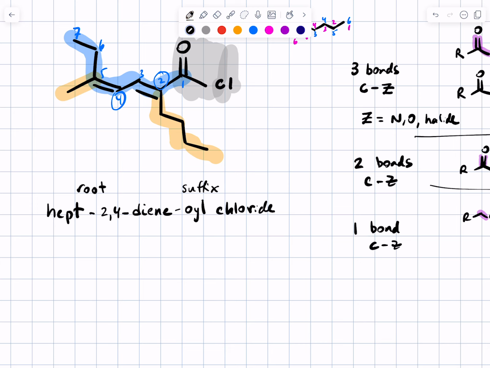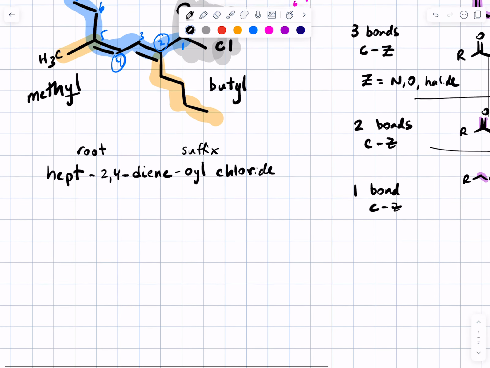So the 1 carbon, a CH3 group, we're going to name according to the same pattern that we name main chains, only instead of calling this methane, we're going to call it methyl, as in a methyl group. The other chain is a 1, 2, 3, 4 carbon chain. We're going to name that according to the pattern in the study guide, but instead of butane, we're going to call it a butyl group.